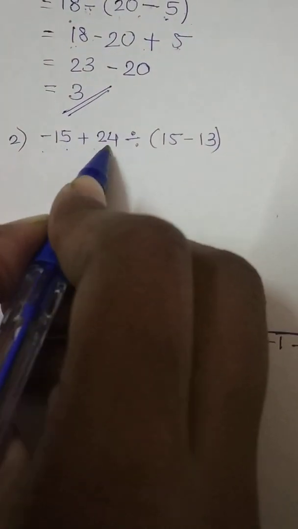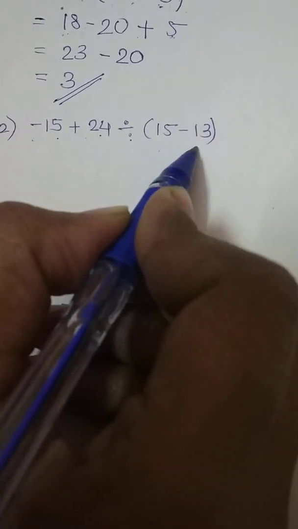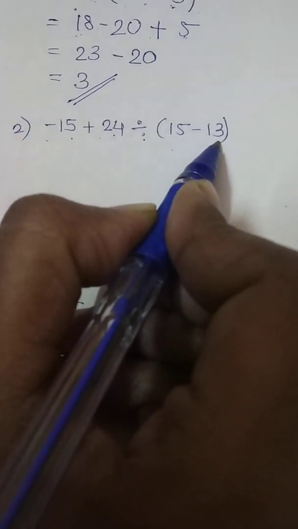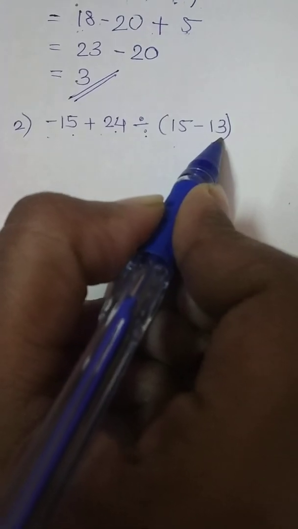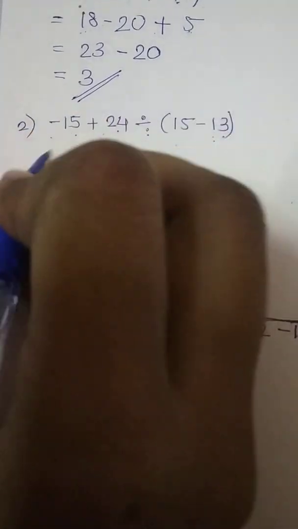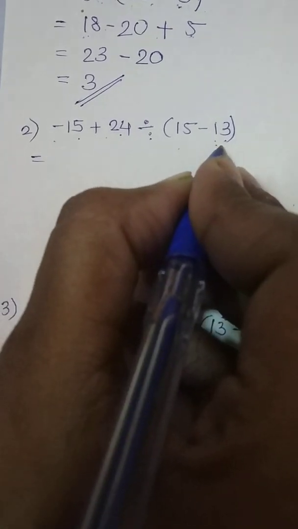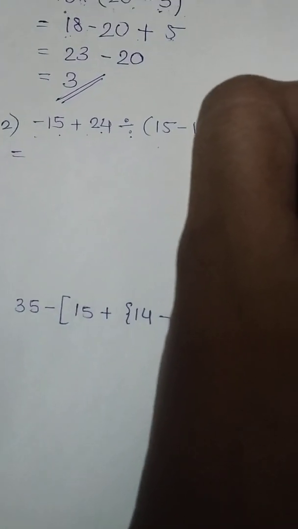Minus 15 plus 24 divided by bracket 15 minus 13. Sorry, my mistake, 15 minus 13, bracket close. Here I will solve the bracket first, because according to the rule of BODMAS, bracket, of, division, multiplication, addition and subtraction.